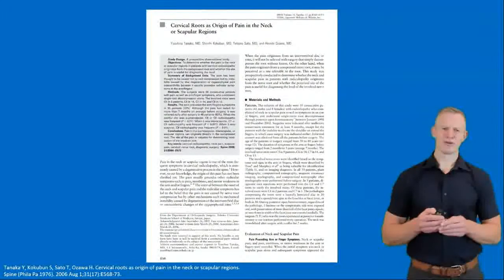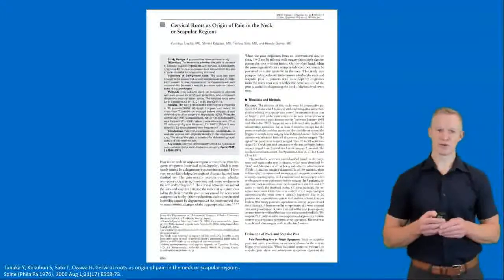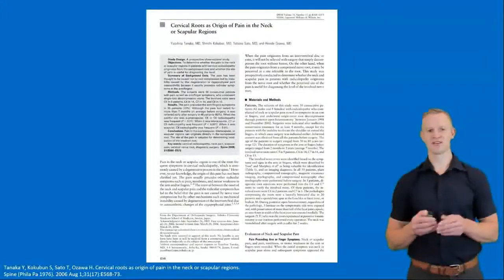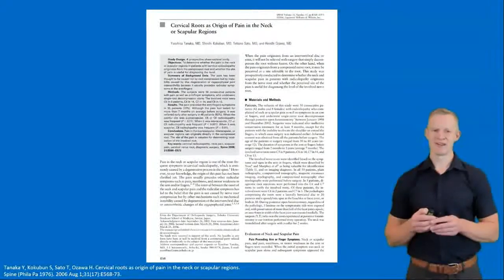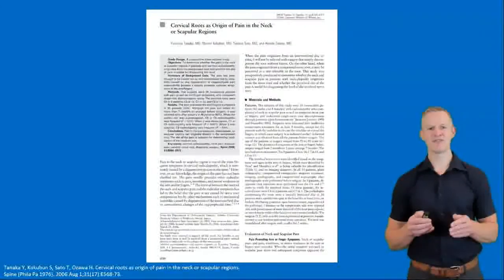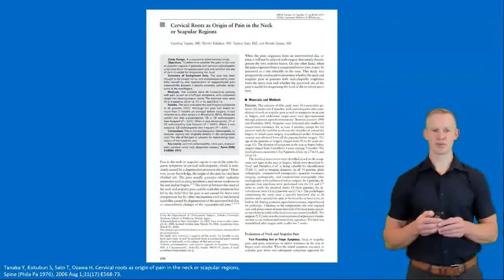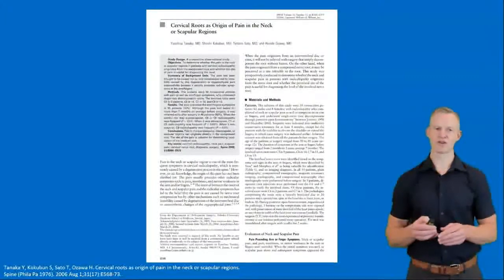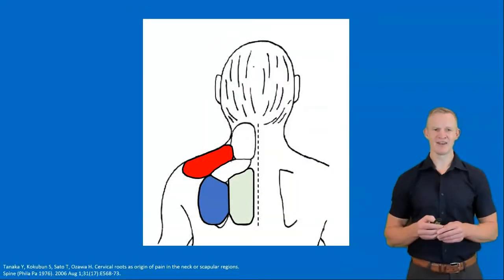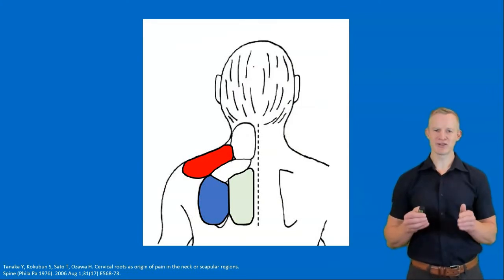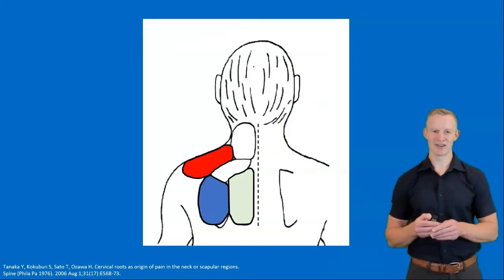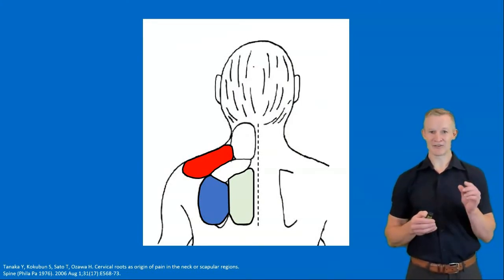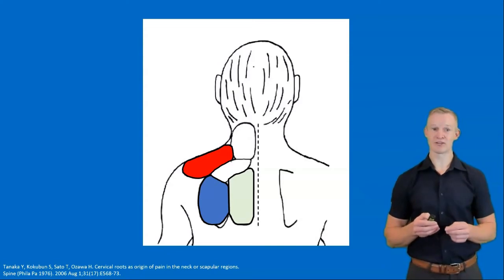And cranial or cervical nerve root irritation also commonly presents as musculoskeletal pain. This Japanese paper examined 50 patients with cervical nerve root compressions who underwent nerve root decompression surgery and examined what happened to the muscular type pain they were experiencing in different regions after different nerves were decompressed.